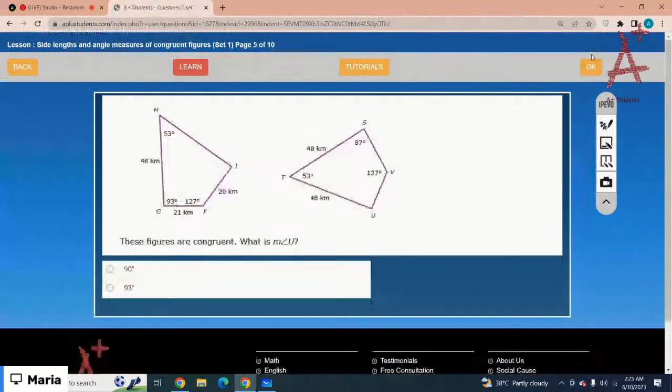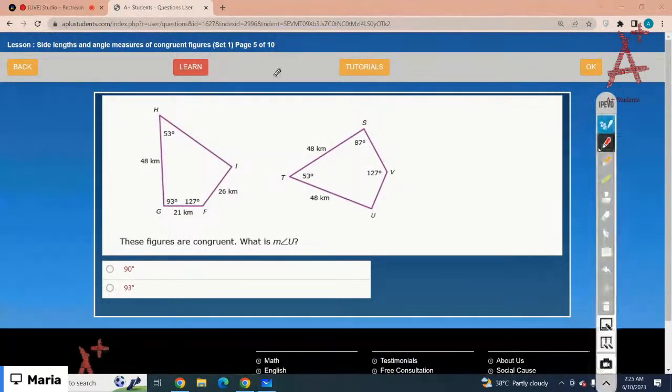Okay, these figures are congruent. What is angle U? Let's just write down the congruent statements first. It would be HI for this one.